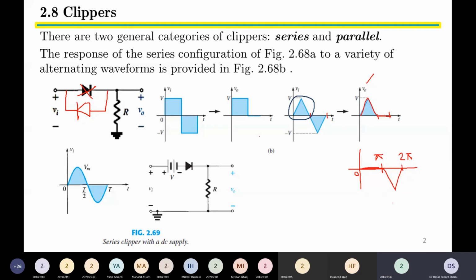In that case, we will ignore the 0.7 voltage drop. But if the input voltage has an amplitude which is comparable to 0.7, in that case V out is V in minus 0.7 volt in case of silicon, or V in minus 0.3 volt in case of germanium.